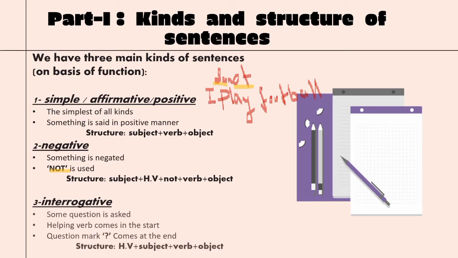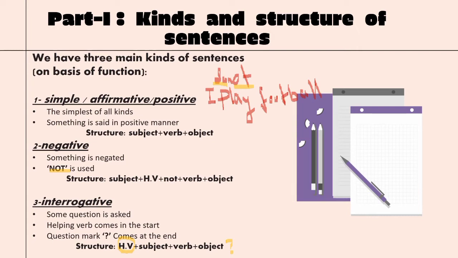Last is interrogative. In such sentences some question is asked, and the change in structure is just that the helping verb comes at the start of the sentence, and the question mark is very necessary in such kinds of sentences. Question mark comes at the end of the sentence.